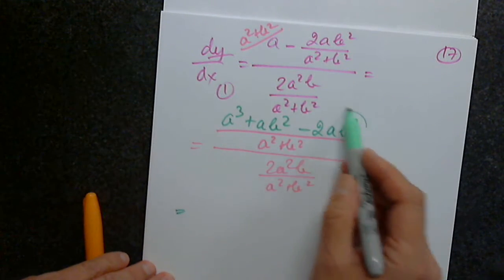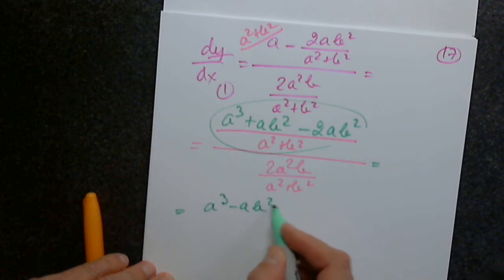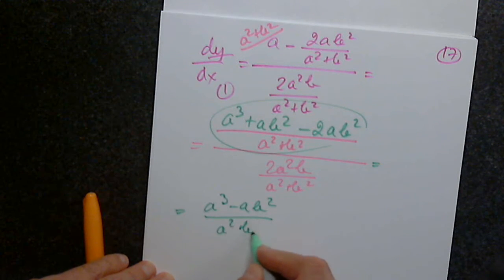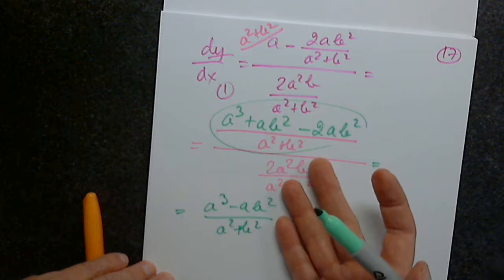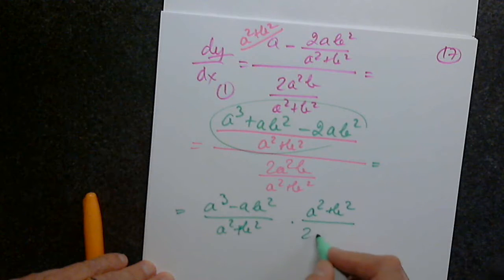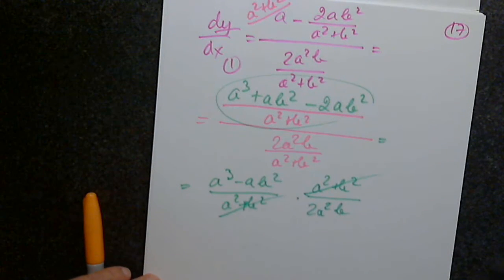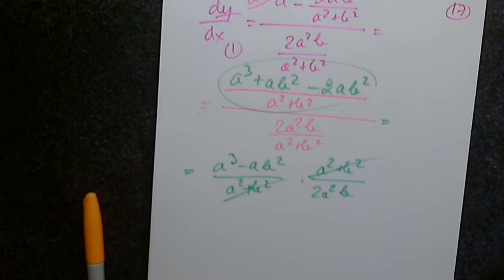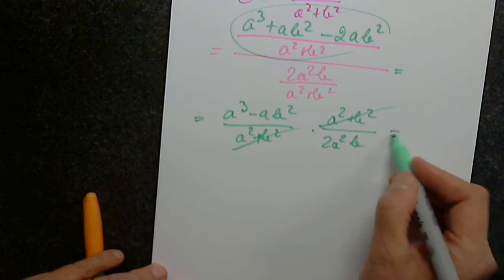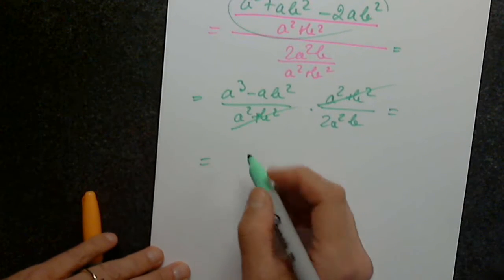So I copy this after I simplify, and I have a cubed minus ab squared over a squared plus b squared. I flip the denominator, which is a squared plus b squared over 2a squared b. Luckily, these two go away. The numerator has a common factor that I would like to pull out. What is the common factor in the numerator? Very good.